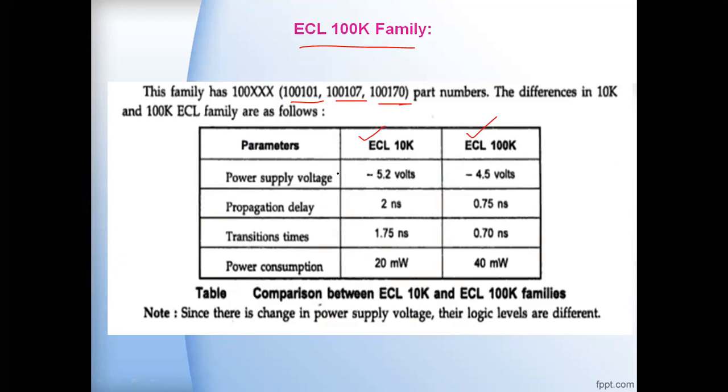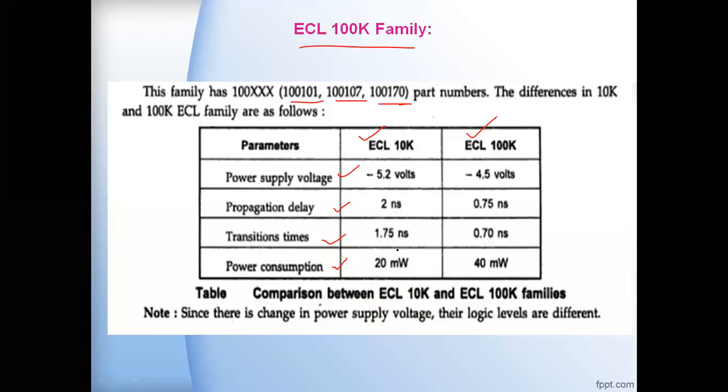They are differentiated with respect to the power supply, because with the power supply there will be a proportional delay, I mean the propagation delay, the transition times and the power consumption. These are all the differences between the ECL 10K and 100K.